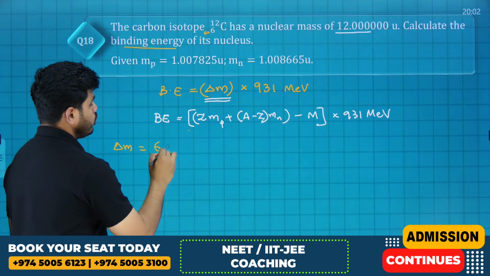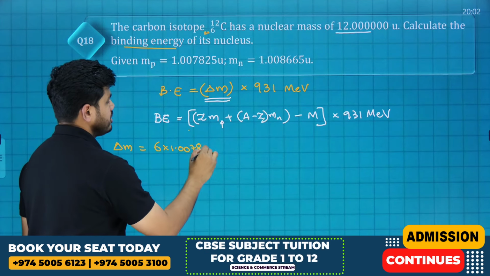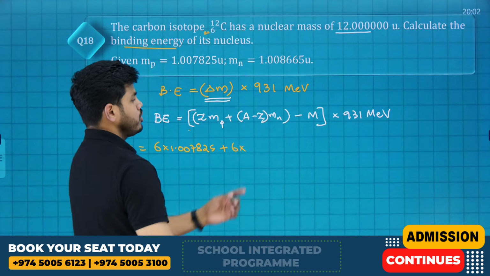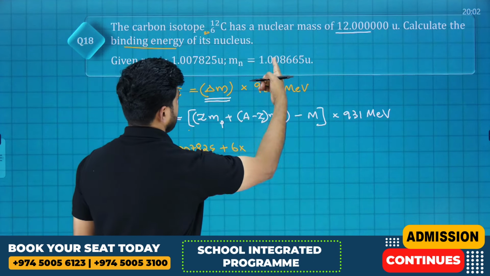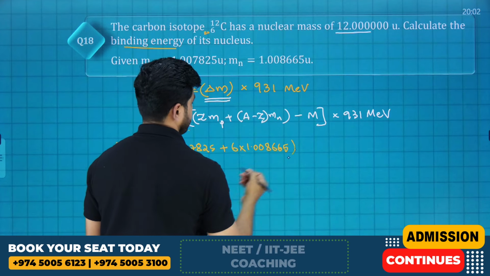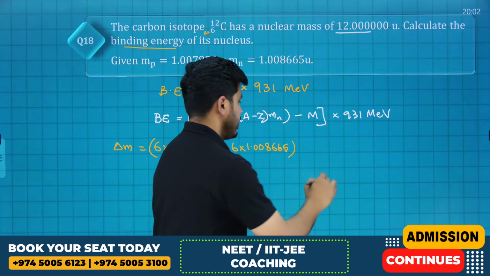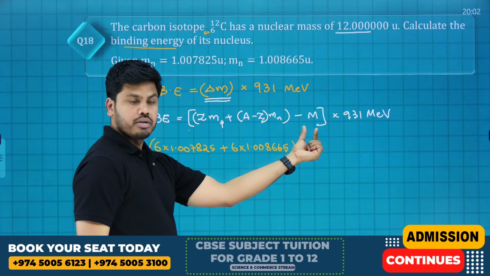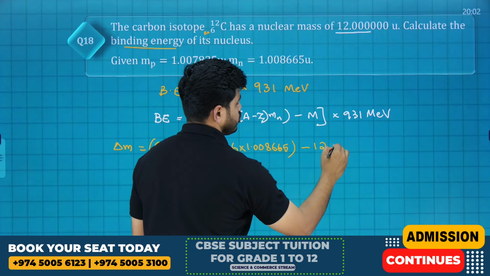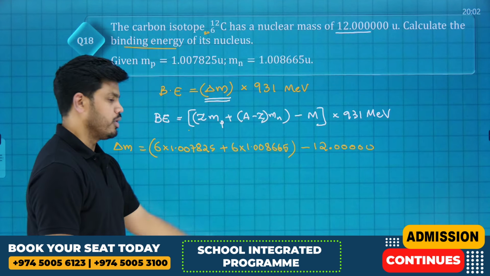So we have 6 into the mass of proton, given as 1.007825, plus 6 into the mass of neutron, 1.008665. This is the total mass of the constituent particles minus the actual mass of the nucleus. The actual mass of the nucleus is given as 12 atomic mass unit, just 12.000.